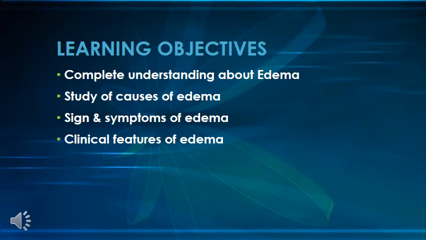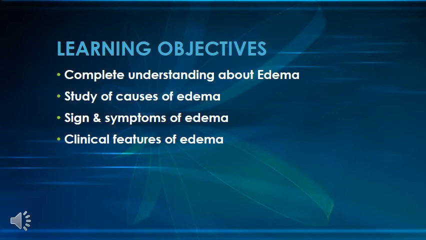Our body has blood vessels and tissues, and there are two types of fluid present in our body. One type of fluid is present inside the cells of the tissues. The other fluid is present in blood vessels and in the spaces between the cells in the tissues.